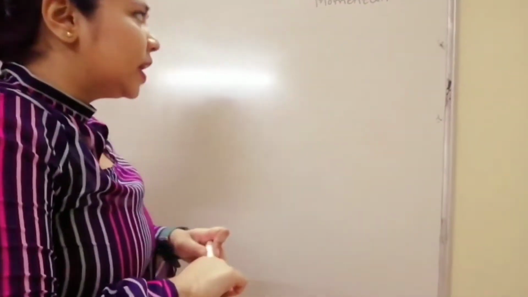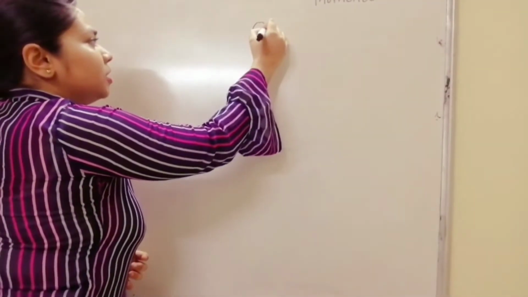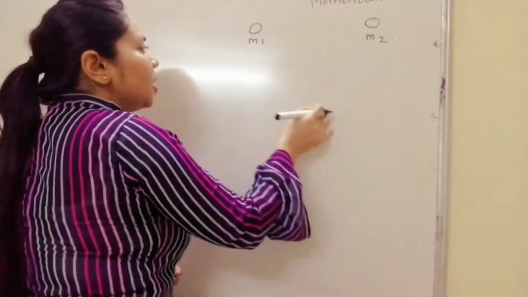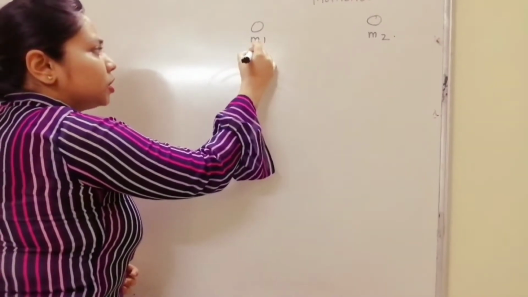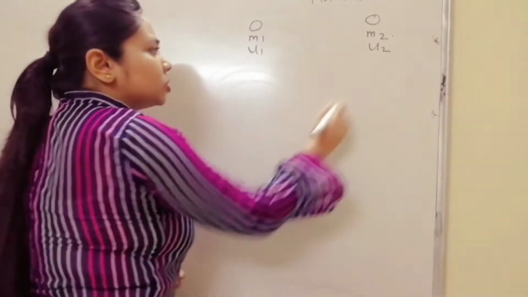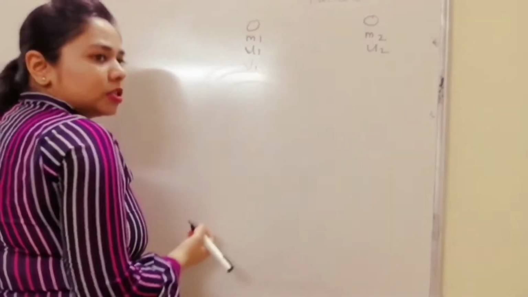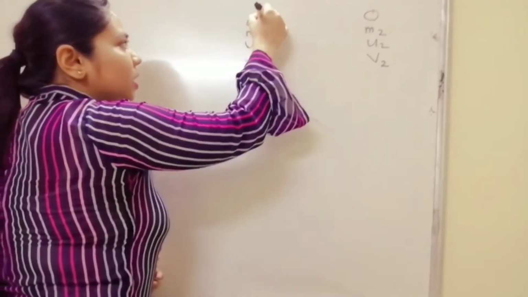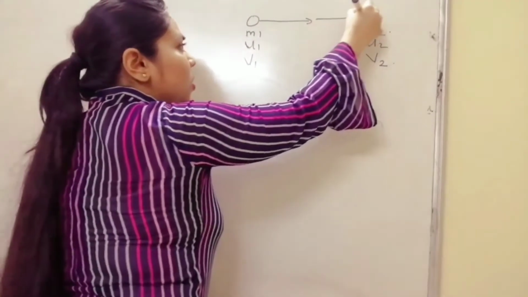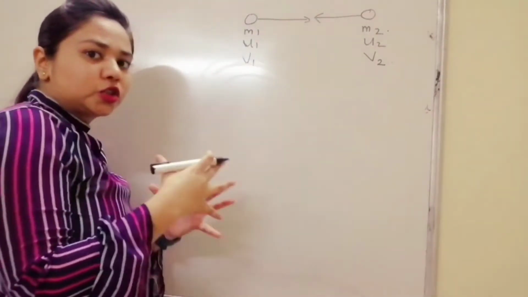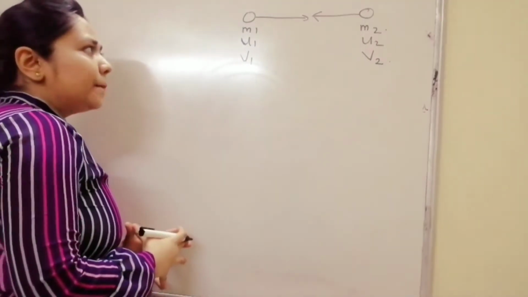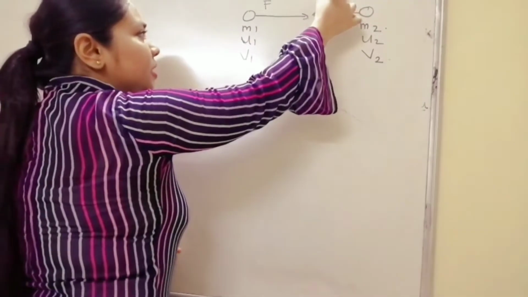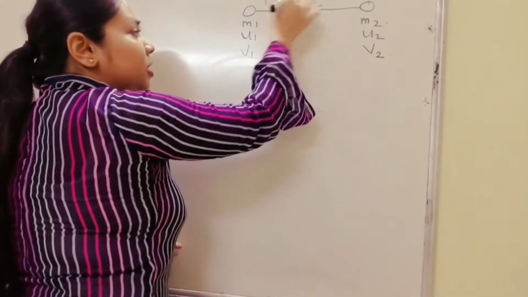Let us suppose there are two objects having masses m1 and m2, with initial velocities u1 and u2, and final velocities v1 and v2. They both collide. So this one applies force in this direction and this one applies force in this direction.